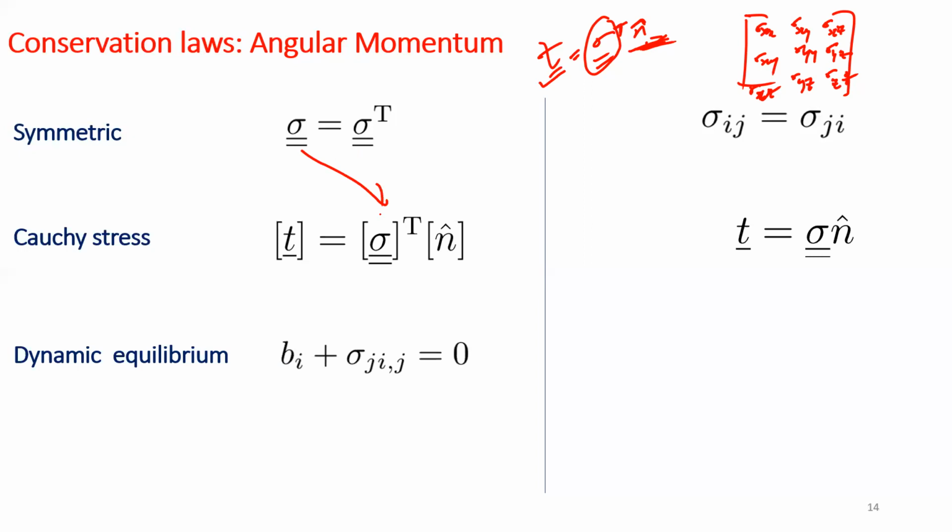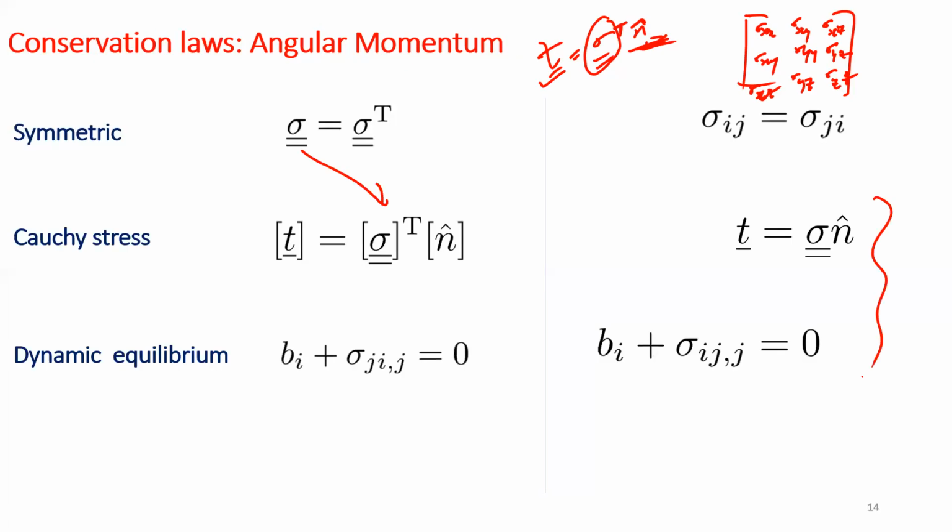Now that stress is symmetric, it can be written this way, in a much simpler way. All right, so conservation of angular momentum makes the stress a second order symmetric quantity. These are the only 2 other equations where stress is involved, so wherever sigma transpose is there, you can replace it with sigma. So it does make these couple of changes.